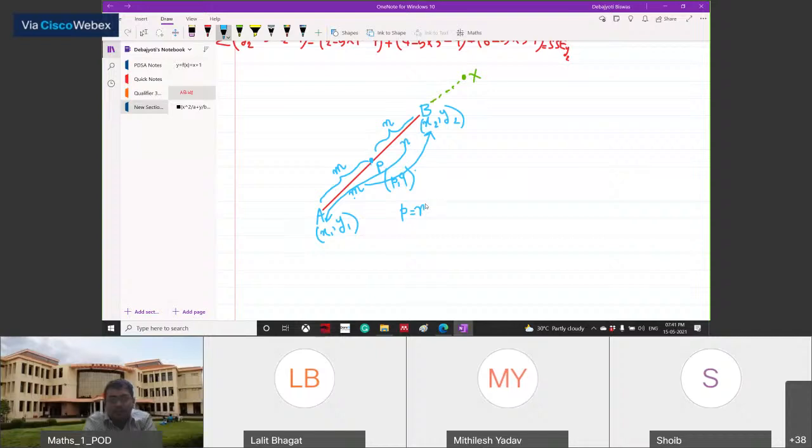So x equals m x2 plus n x1 divided by m plus n. That is our internal section.